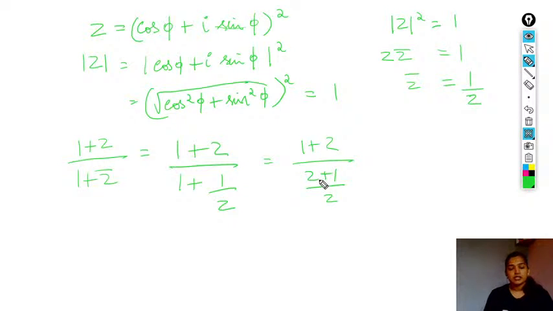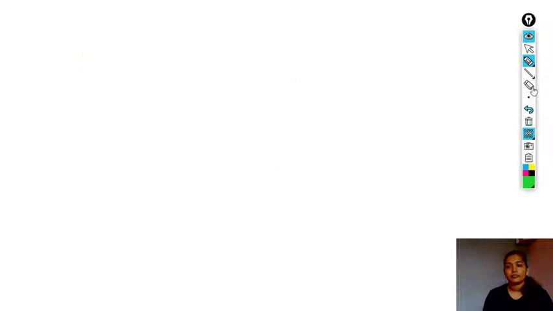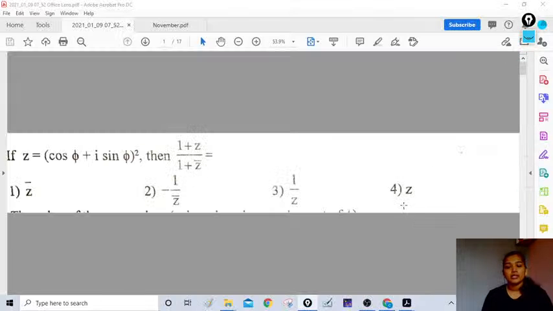So 1 plus z and z plus 1 will cancel out. So what do we have? 1 divided by 1 by z, and this value will be equal to z. Right? So given the option D, this will be the right answer for the question given here in this case.